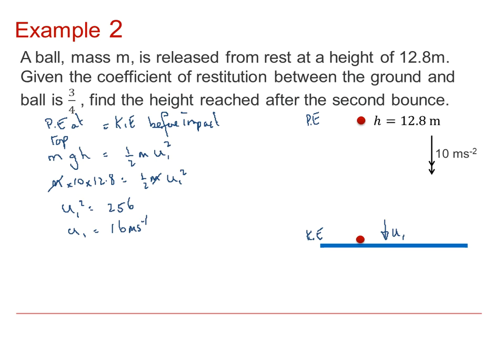What then happens is that we have a rebound, so there's a collision, and let's take that rebound velocity as being v1.